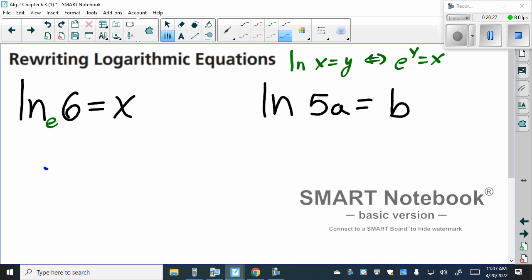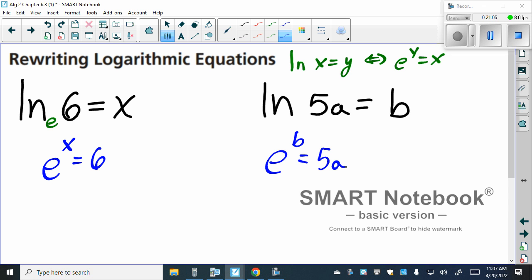We would have e to the x is equal to 6. It's almost the exact same thing we did with logs, except it's ln instead of log, and the base is understood to be e. How about the next one? ln of 5a equals b would be e to the b equals 5a. That's it.